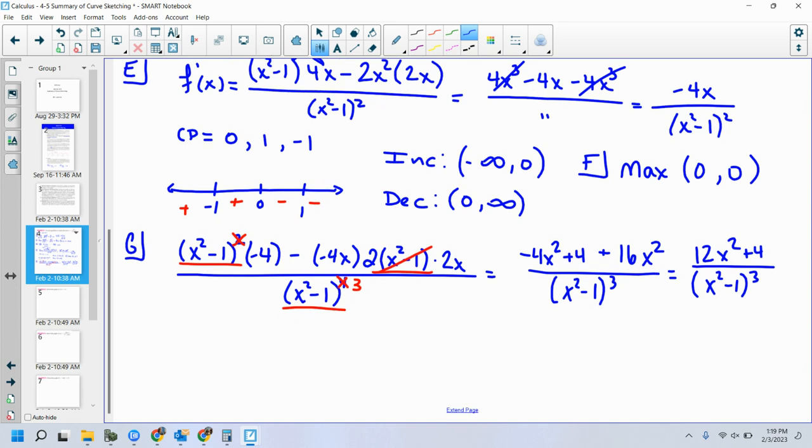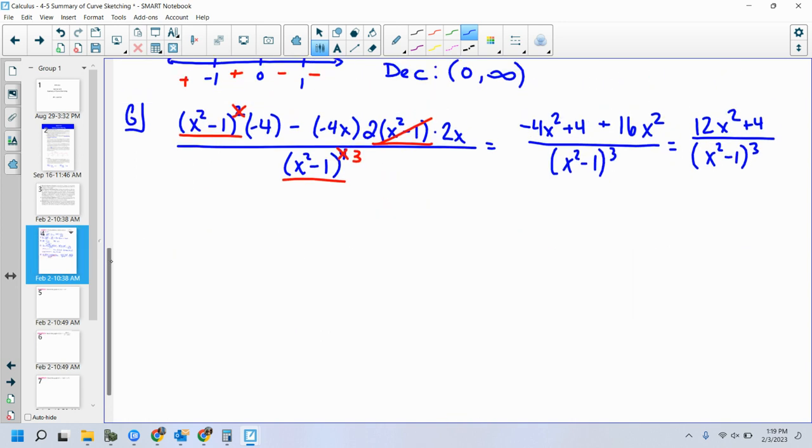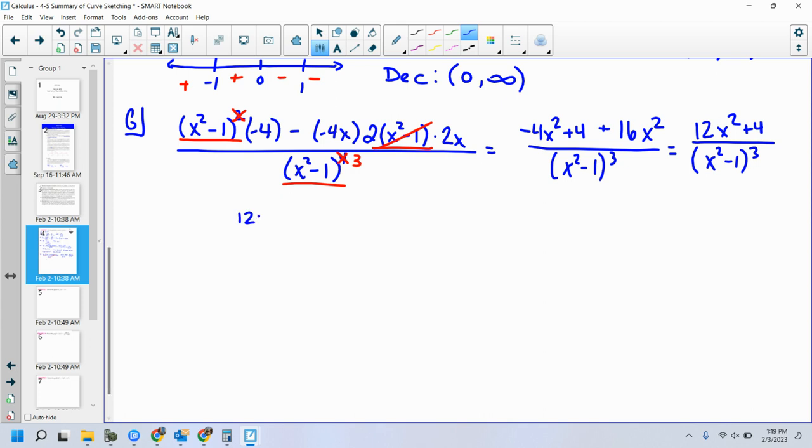Now, let's go for the zeros first. We say 12x squared plus 4 equals 0. Well, that's going to be something not good. There's no solution there. But I still look at the bottom, right?